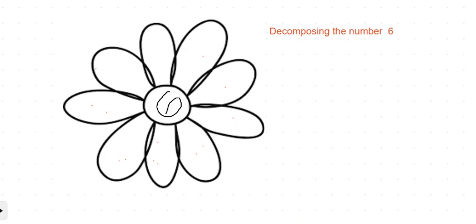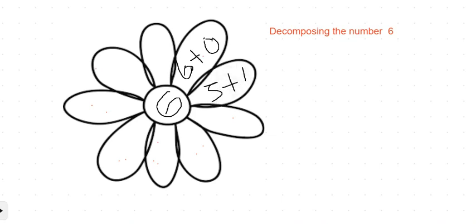So what did we learn today? We learned that 6 can be what? 6 plus 0 is equal to 6. We're putting all the ways we learned about 6. We learned that 6 can be 5 plus 1.